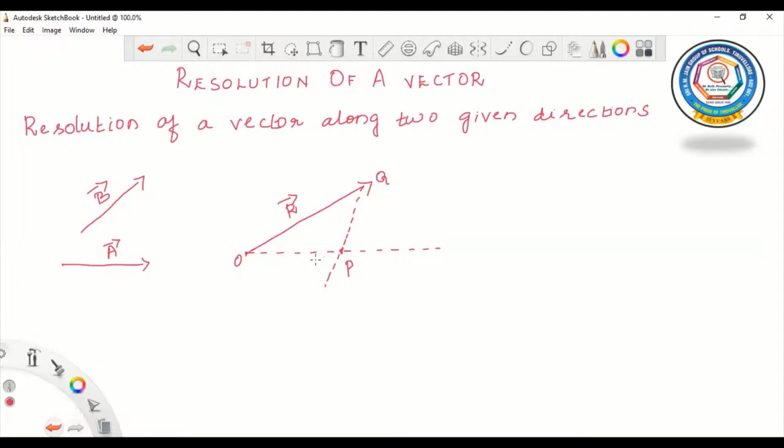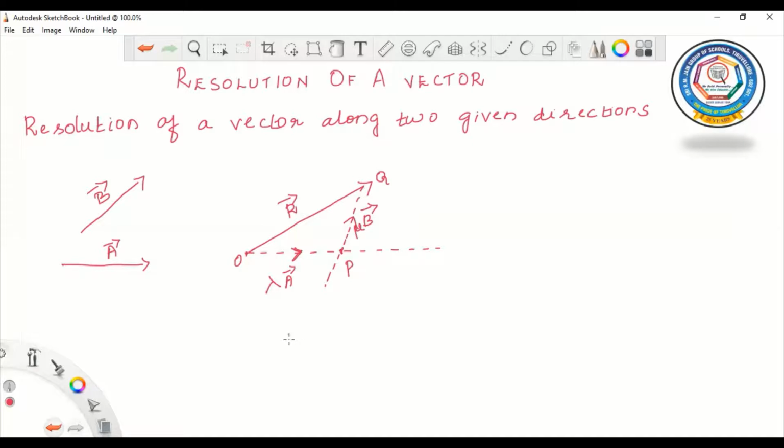So now let us consider, actually this is the direction of A vector and this is the direction of B vector. So here we are going to take this as lambda A and this as mu B. Actually this mu and lambda are scalars.